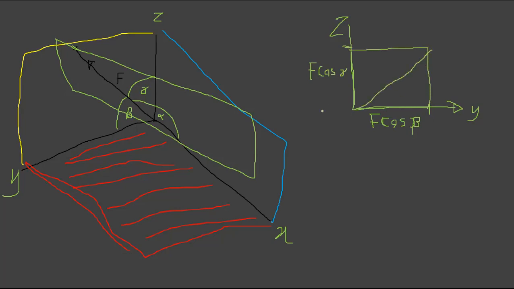For that resultant you can use the Pythagoras theorem. This length is equal to what? F cos gamma squared plus f cos beta squared, right? Let's say that is lambda.